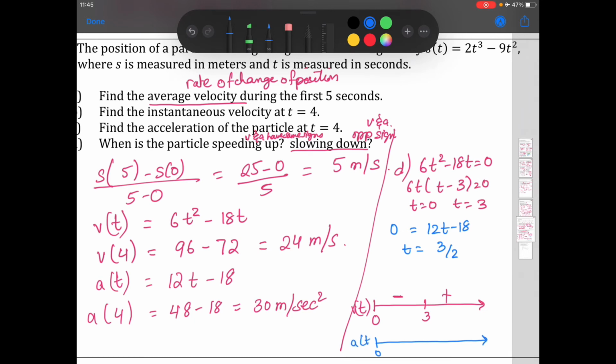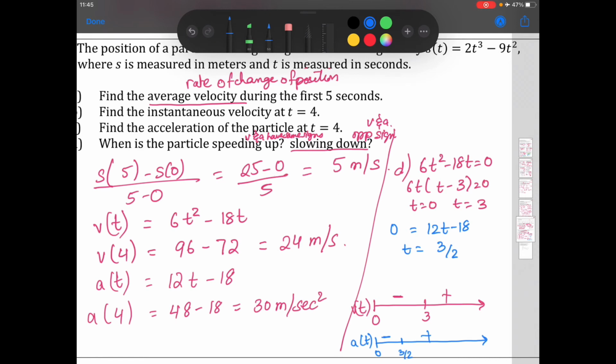So this is 0, this is acceleration, and 3/2 is 1.5, so it's going to be here. I'm going to pick a number between 0 and 3/2, which is 1. If I substitute in 1, I get a negative. And then if I pick a number greater than 1.5, let's say 2, it's positive.